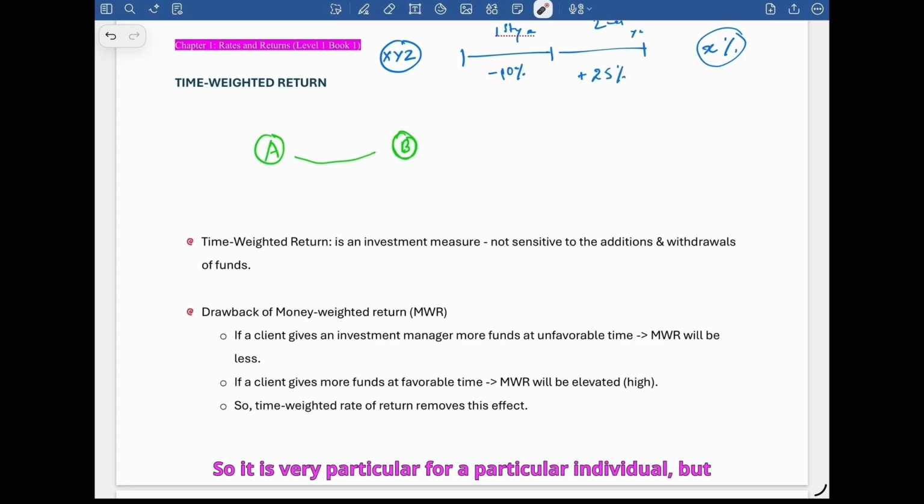So it is very particular to an individual. But time weighted return is a universal measure which gives you the return of a particular share or investment, and it is unaffected by addition and withdrawal. So I hope you have got the concept which I'm trying to tell you.